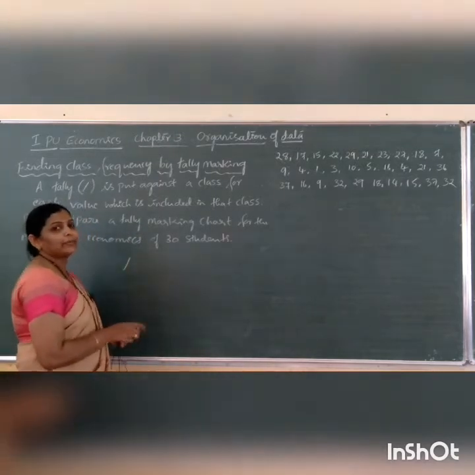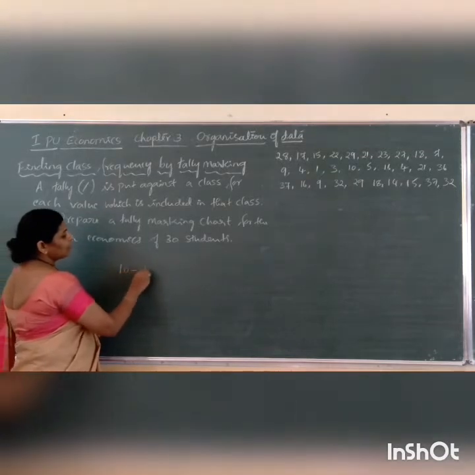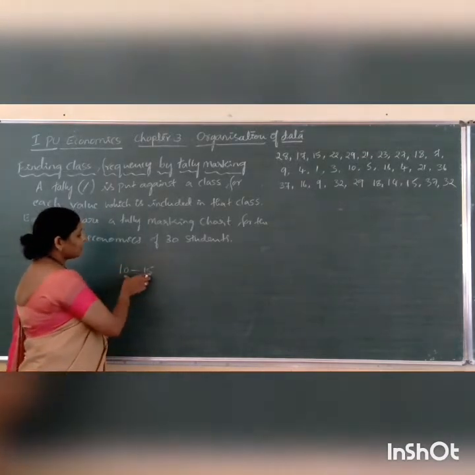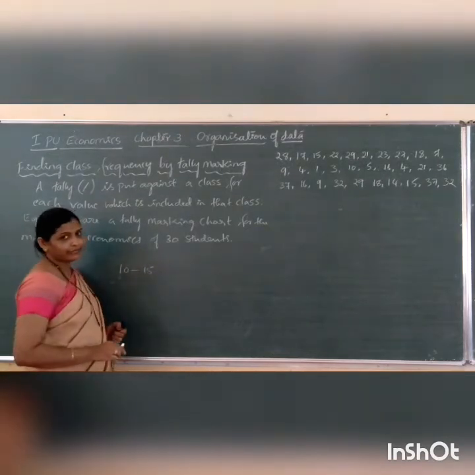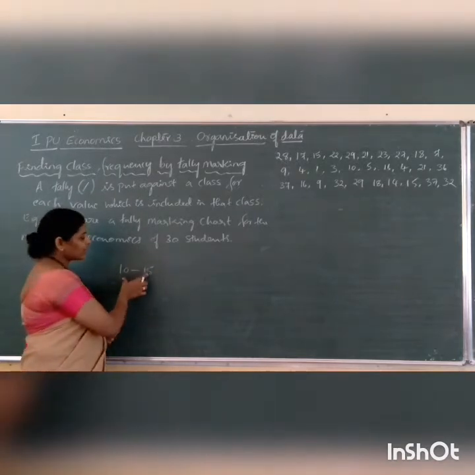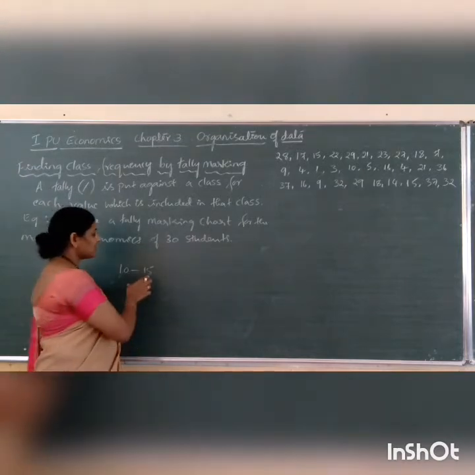So here, for example, there is a class 10 to 15 with a class interval of 5 and midpoint 12.5. In this class, suppose there are 7 observations.